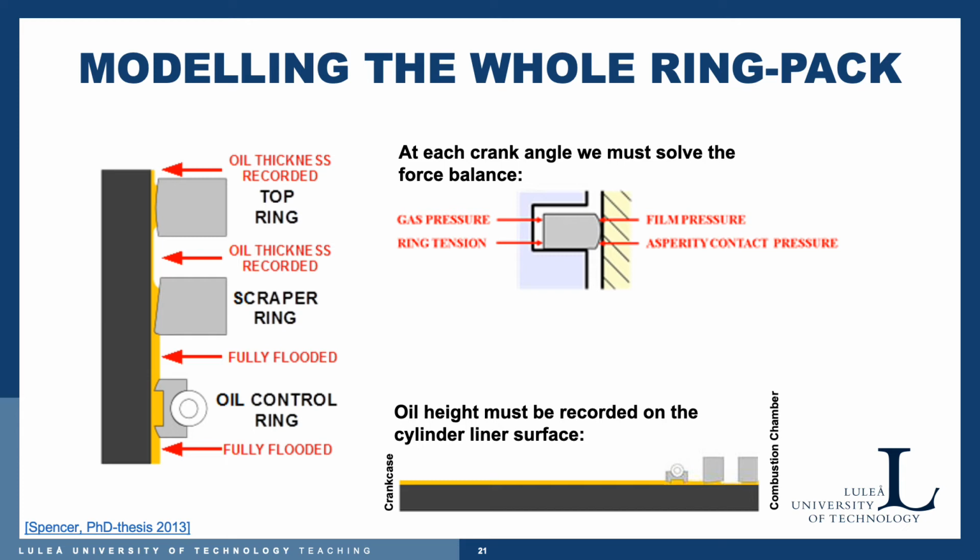And then it goes up in one direction, and of course the ring pack leaves a different amount of fluid when it goes up than when it comes down. So he was building this model in order to investigate how the oil was distributed over the cylinder liner surface.